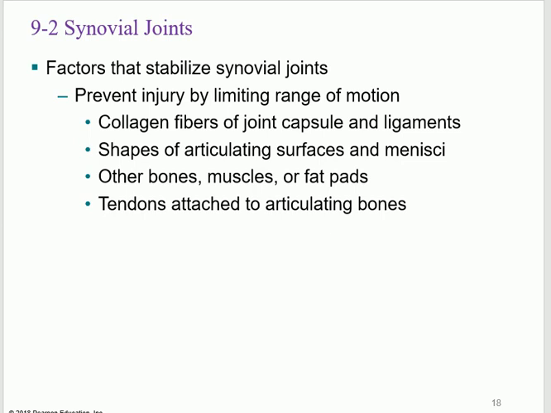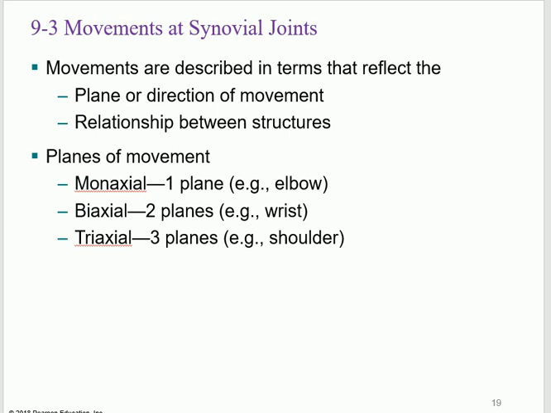All what we talked about. Ligaments attaching bones to bones, tendons attaching muscle to bones and passing over the joint. So it stabilizes it. You have also the menisci, you have the muscles, you have the fat pads. All of these are stabilization factors.